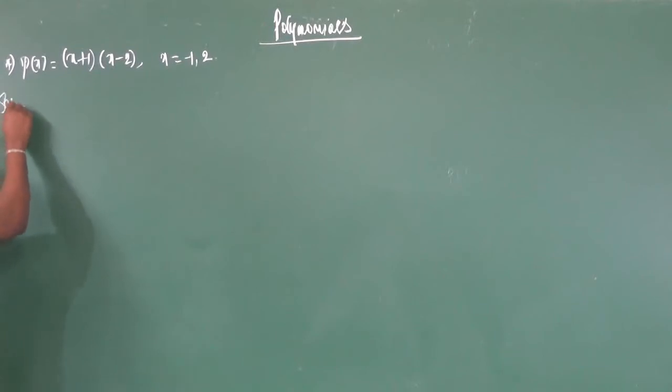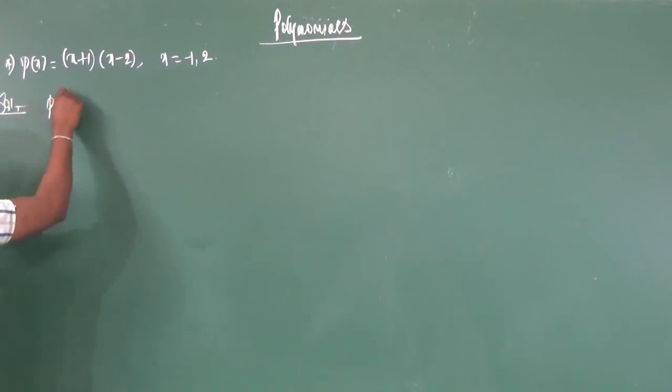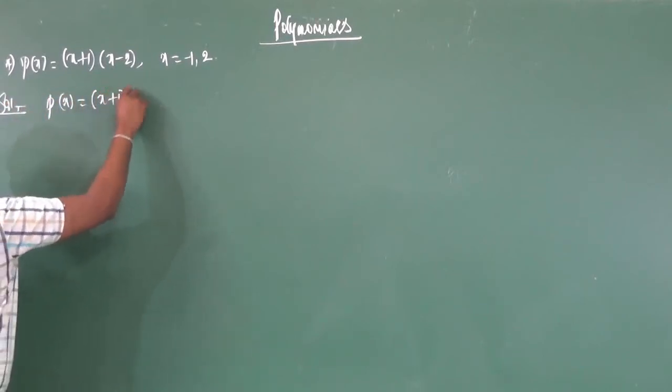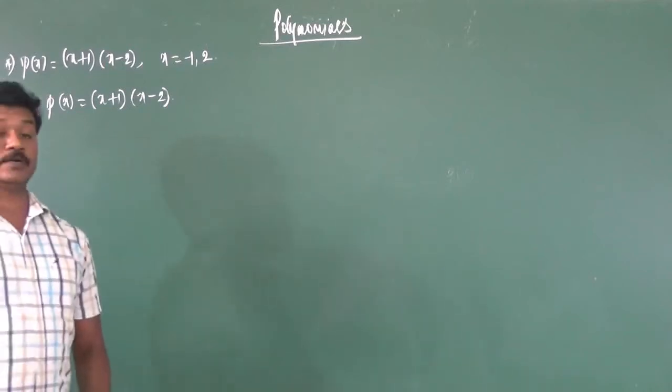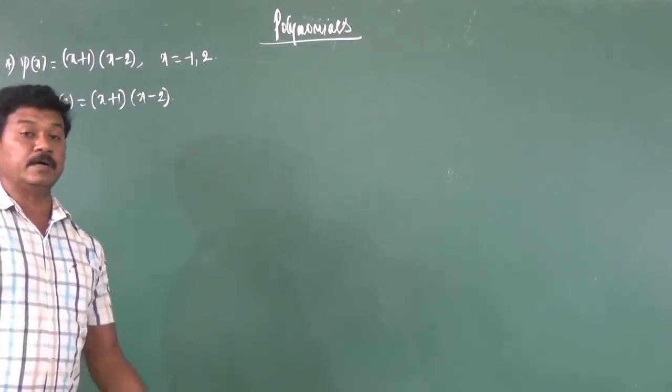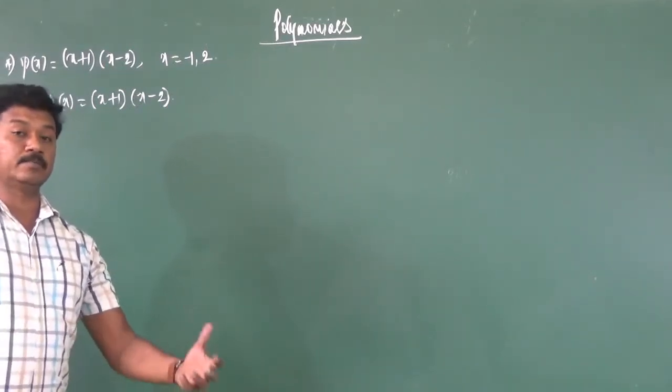Very simple. P of x is equal to x plus 1 into x minus 2. Here the polynomial is not in the standard form. So first we have to convert the polynomial into the standard form and then we will go with the procedure.